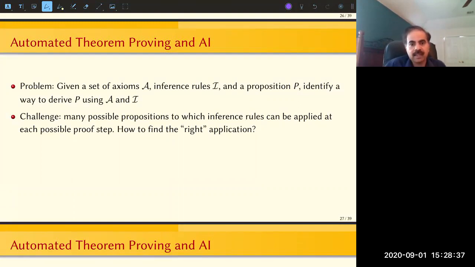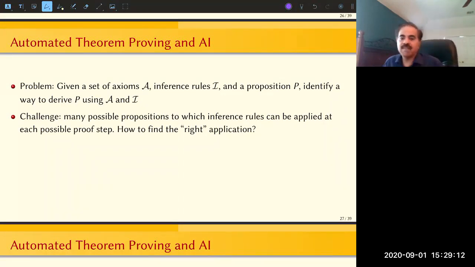So at every point in time, the automated prover can choose from many different facts and inference rules, which means that it becomes some kind of a search problem where the computer algorithm has to figure out which inference rule to apply at which point in time, and which intermediate results these are going to be applied to, and so on.